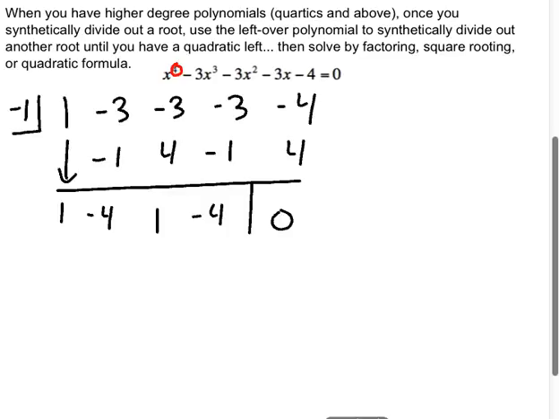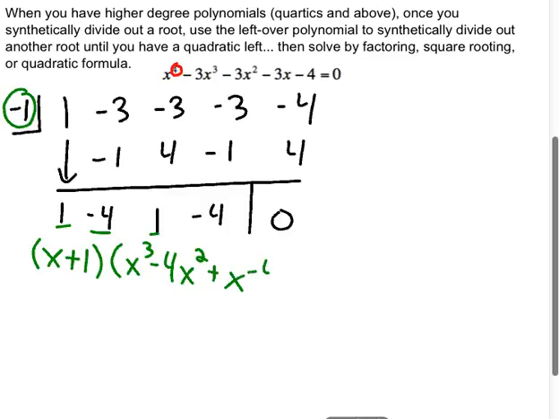And remember, when you're getting a remainder of 0, well, that's telling you this solution, so that factor actually is a factor with the polynomial that was left, which is an x cubed from there minus 4x squared plus x from there minus 4.